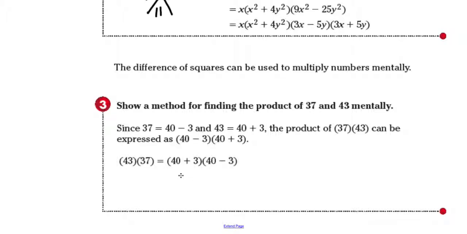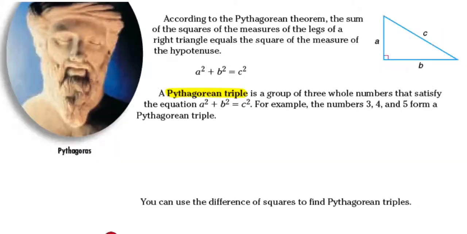So that becomes 40 squared minus 3 squared, or 1600 minus 9, or 1591.